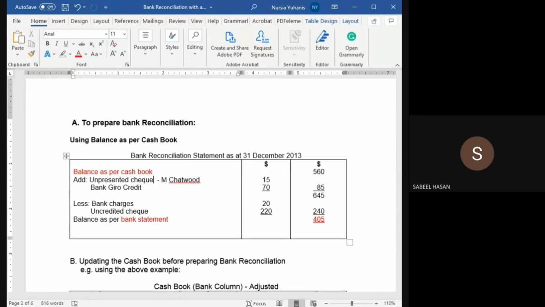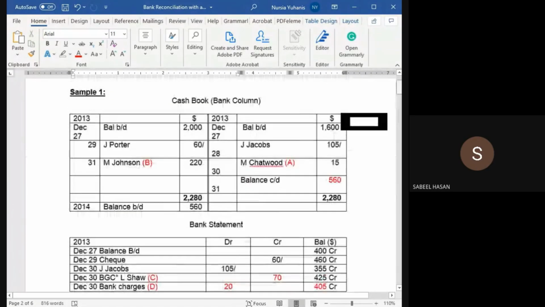So, in our book, we already record that we pay M. Chatwood with check. But this guy have not yet cashed out the check. So this one we call it as unpresented check. Okay, unpresented check, normally it will appear on your credit side of your cashbook.